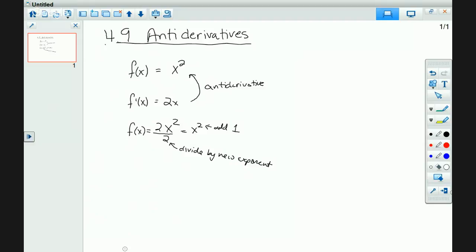So let me give you another one that you know. These are the only two we're going to worry about today. What's the derivative of natural log?